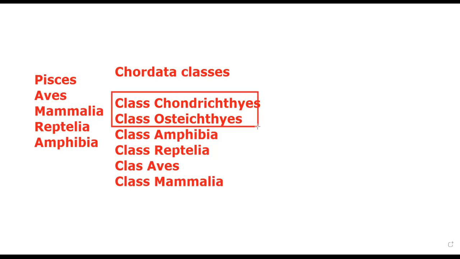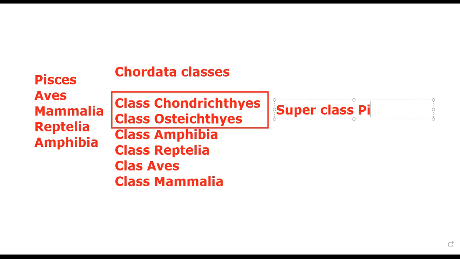You know how Pisces is coming? By joining two. Class Chondrichthyes and class Osteichthyes, they have formed a superclass called, what is it?